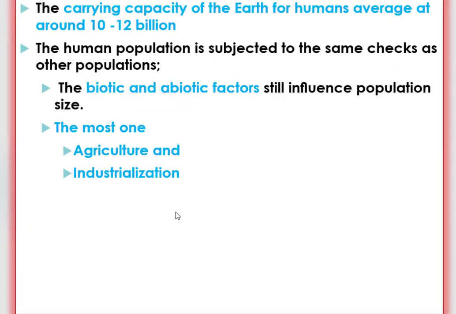As most scientists estimate, the carrying capacity of the Earth for humans is around 10 to 12 billion. Due to this reason, human population is subject to the same checks as other populations. Various biotic and abiotic factors still influence population size.